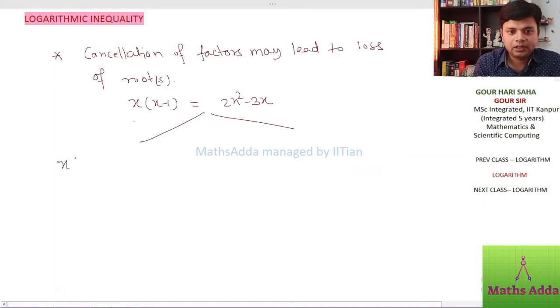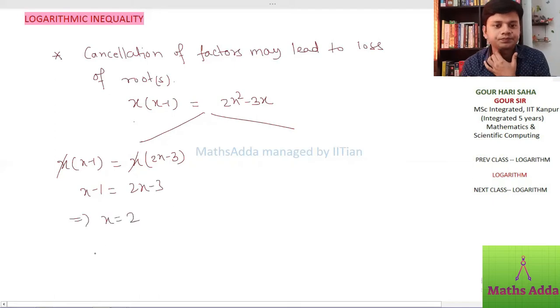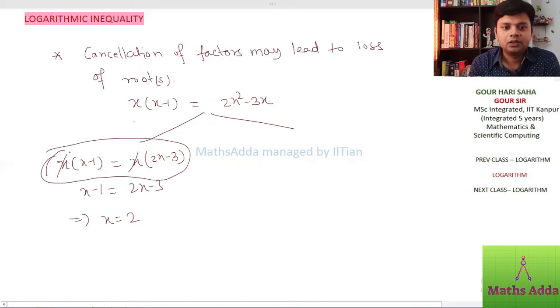First is x into x minus 1 is equal to, take x common because I see 2x square minus 3x, it becomes x into 2x minus 3 after taking x out. Now if you cancel it, x minus 1 is equal to 2x minus 3 implies x is equal to 2. Here you cancel the factor.